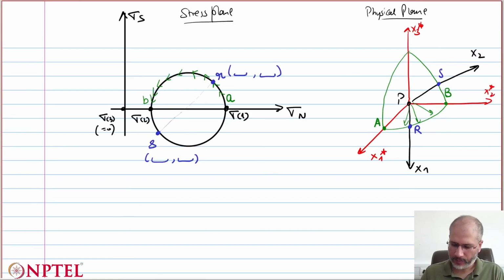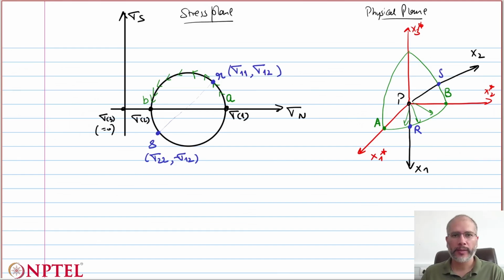So with the same logic, for R, normal stress is sigma 1 1 because R corresponds to x1 direction, and for S the normal stress is sigma 2 2 because S corresponds to x2 direction. The shear stress is the same magnitude sigma 1 2, but we can see from this stress plane that for point S the shear stress is negative because we are below the sigma n axis, so this becomes a minus sigma 1 2.